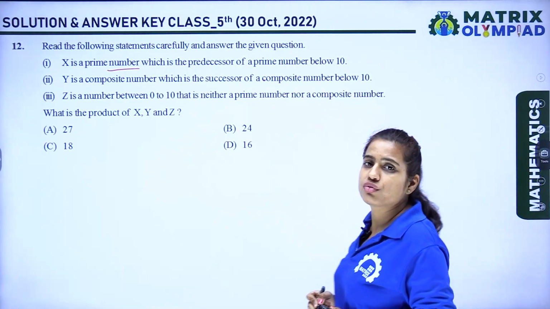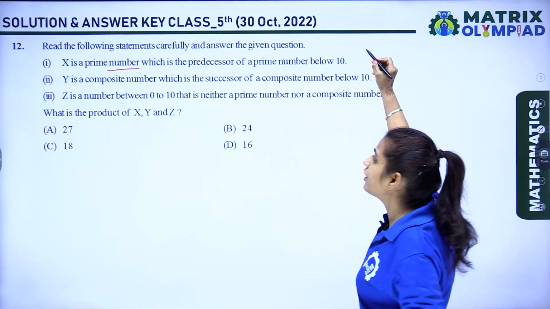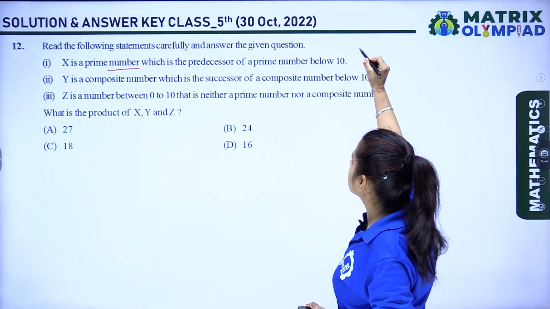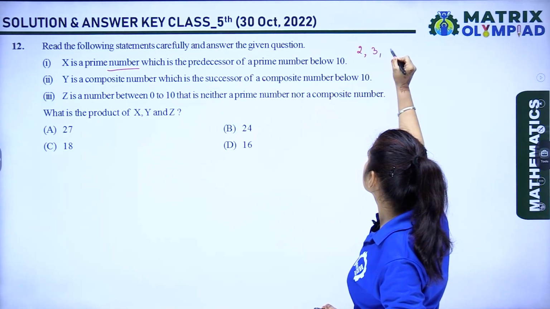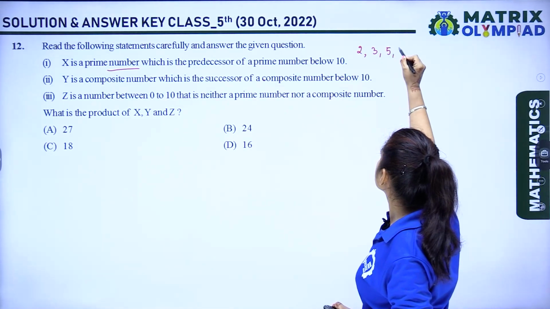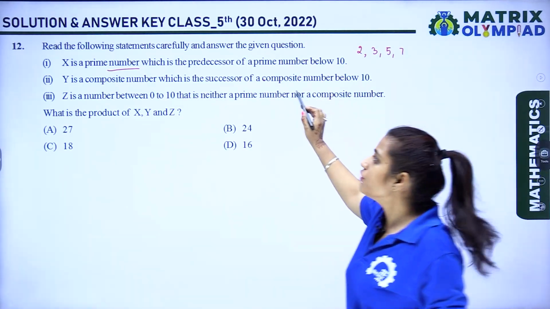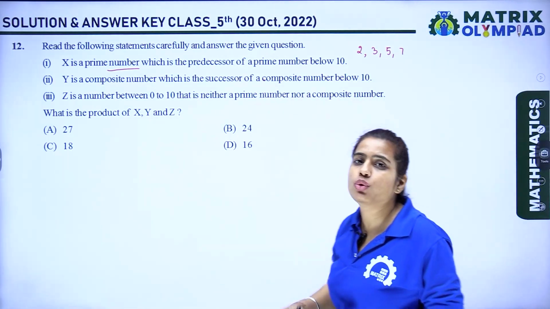So here we have to find out a number which is already a predecessor of a prime number. So let's write down the prime numbers 2, 3, 5, 7. So here we are given with only 4 prime numbers that are below 10.